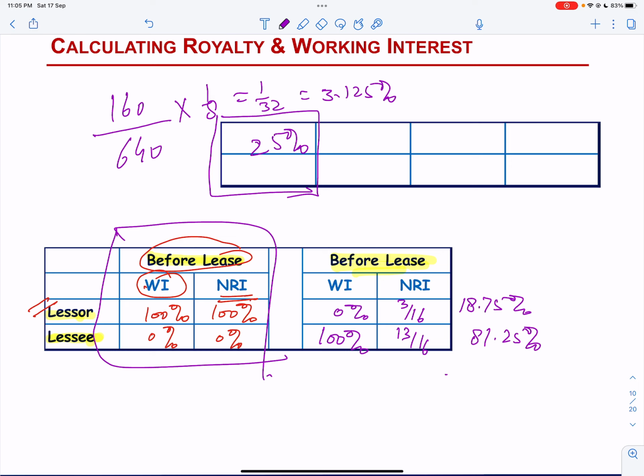So the formula is net acres divided by the unit acres times the royalty interest that is going to be given to the lessor who owns this much of land.